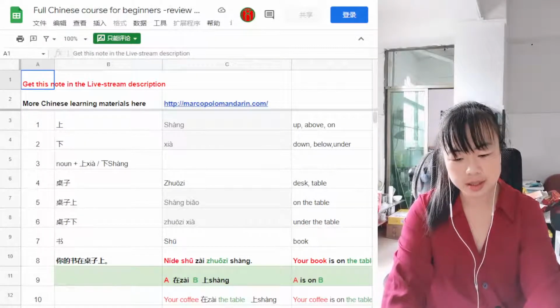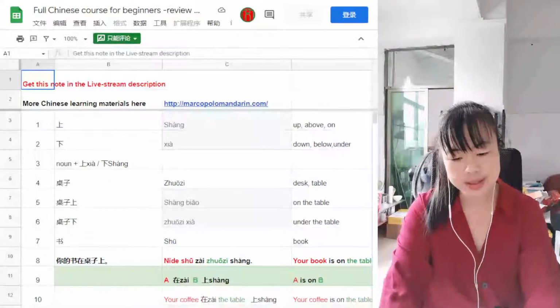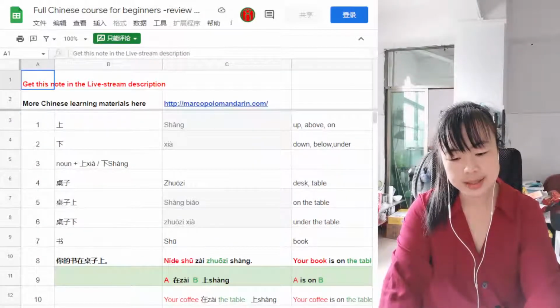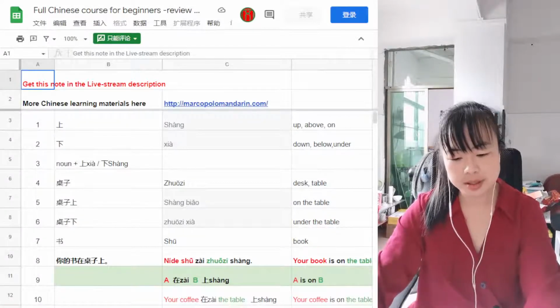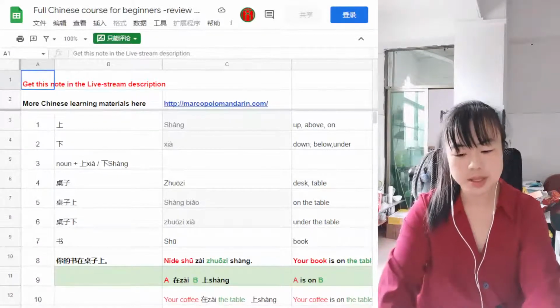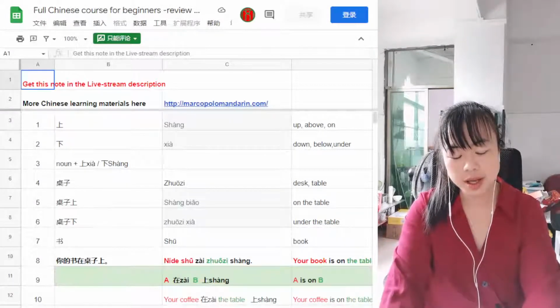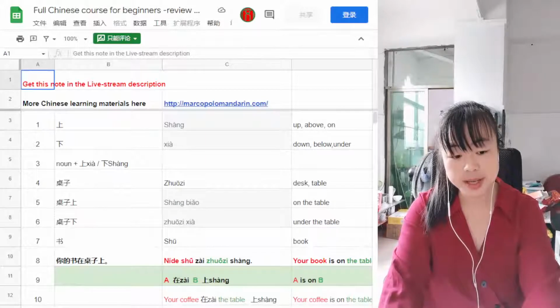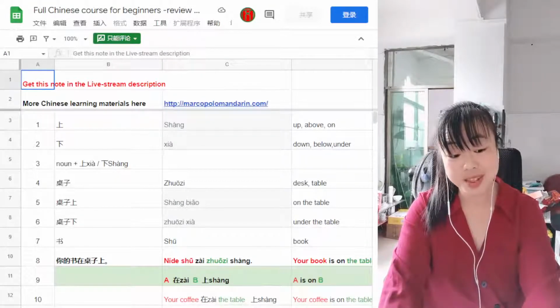桌子在车站的前边. The 的 is optional. And then behind, the same order, but we just replace the 前边 with 后边.